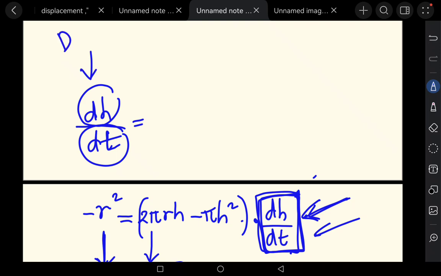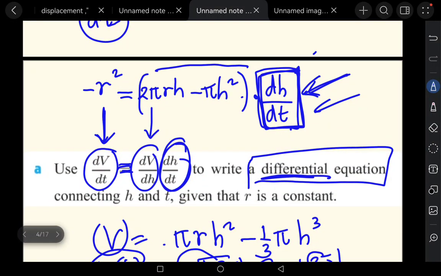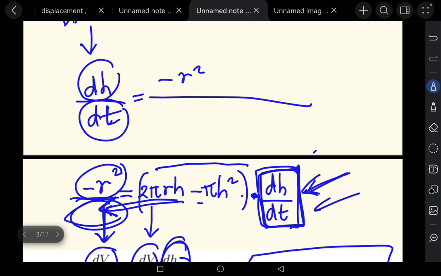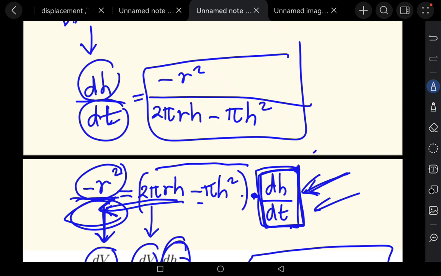This differential equation equals, because this is multiplication, move this to the bottom, cross multiplication, so negative r squared over 2 pi r h minus pi h squared. All right, that's the differential equation, the answer.